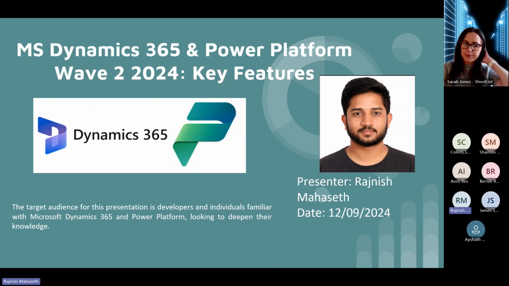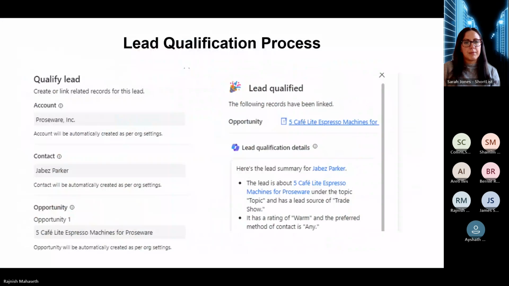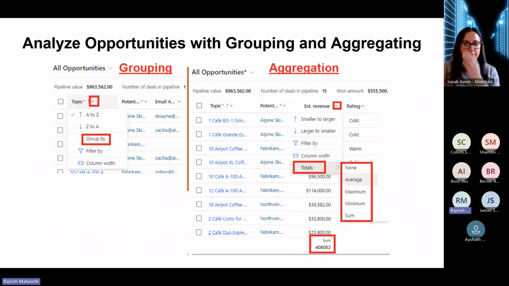So this functionality enhances your ability to target the specific areas of your pipeline, giving a more personalized and effective approach to each opportunity. It helps you to track the numeric fields like the estimated value in the opportunity.